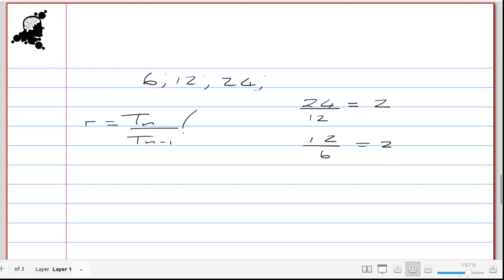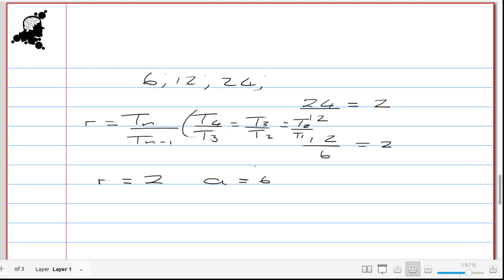In other words, T4 divided by T3 equals T3 divided by T2, which equals T2 divided by T1. I had a bit of an issue here with space. So the value of R that we calculated here is 2. The value of A, our first term, is 6.